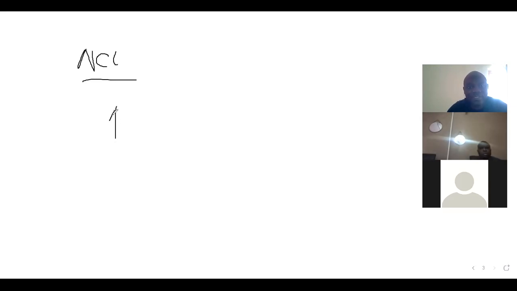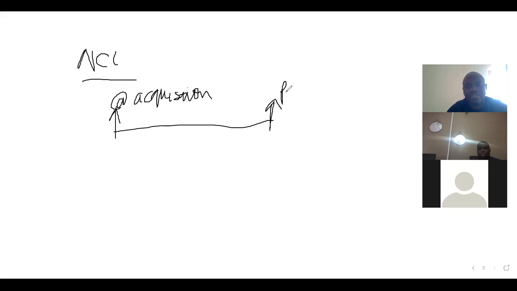We'll have to look at acquisition and we'll have to look at post-acquisition. Those are the things that we have to look at.